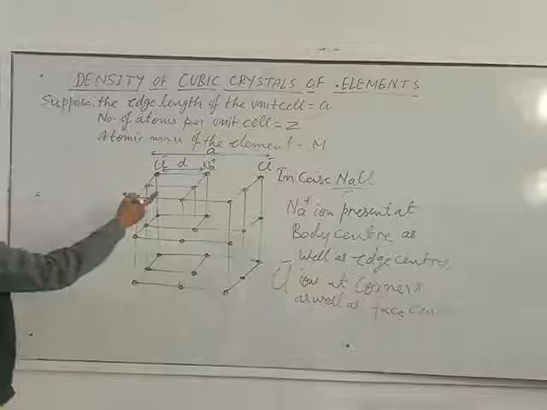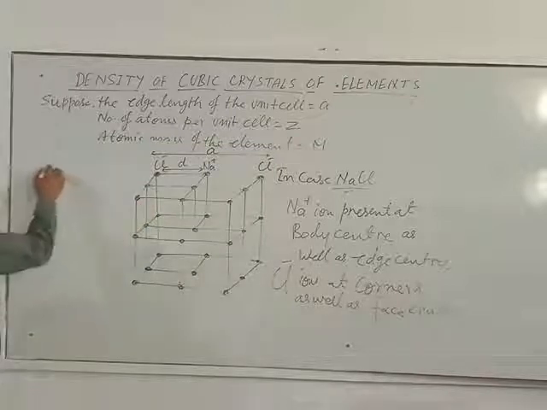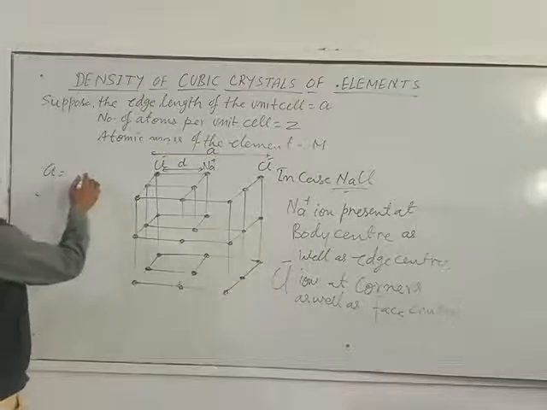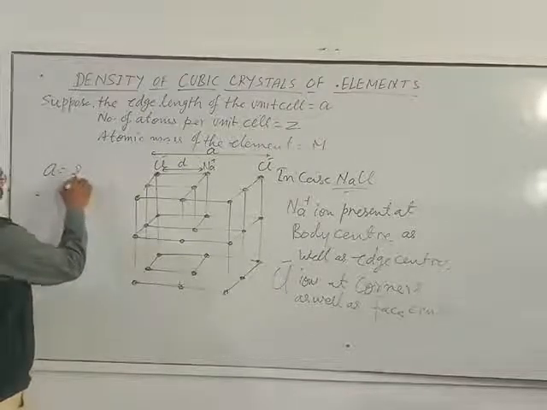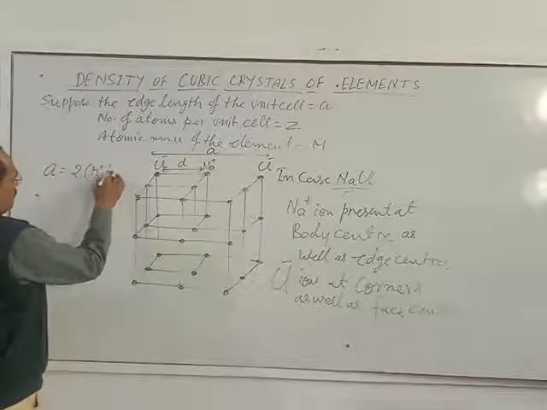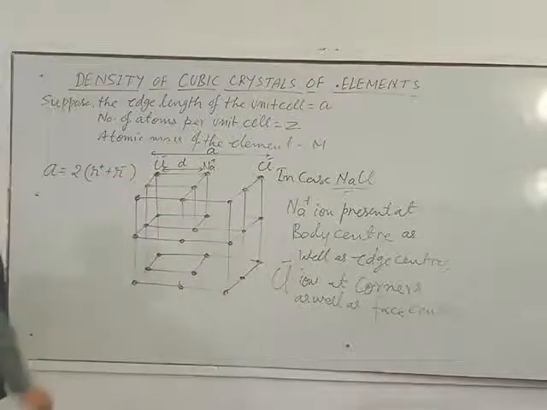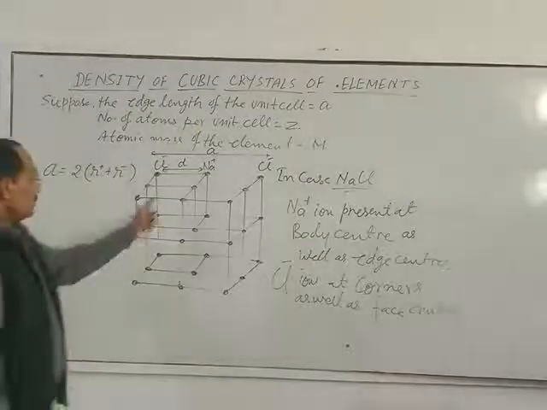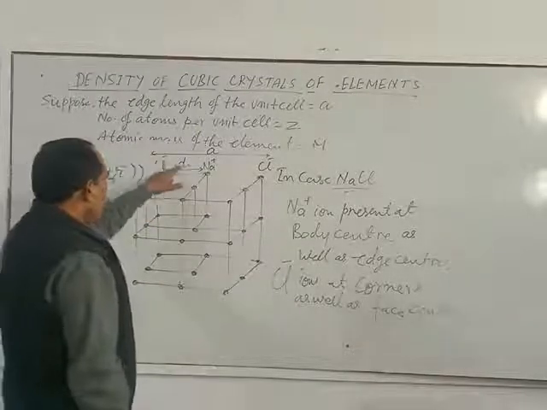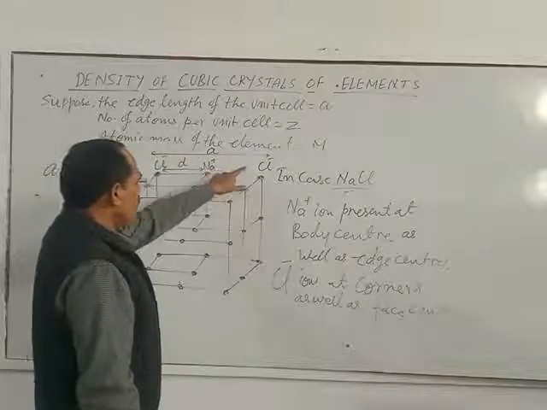Therefore, in case of NaCl crystal, a is equal to 2 r positive plus r negative, r negative, r positive, r positive, r negative.